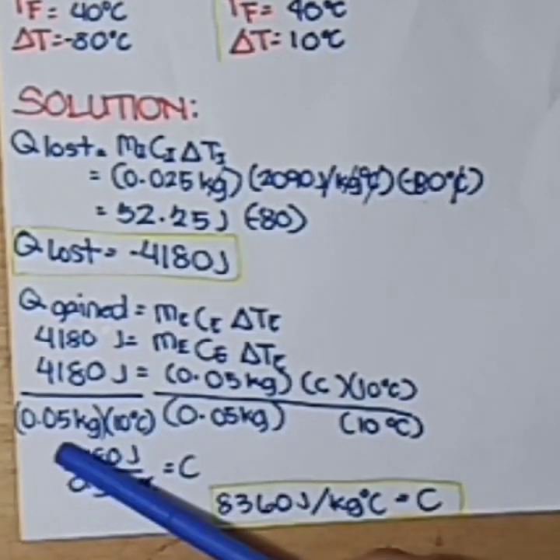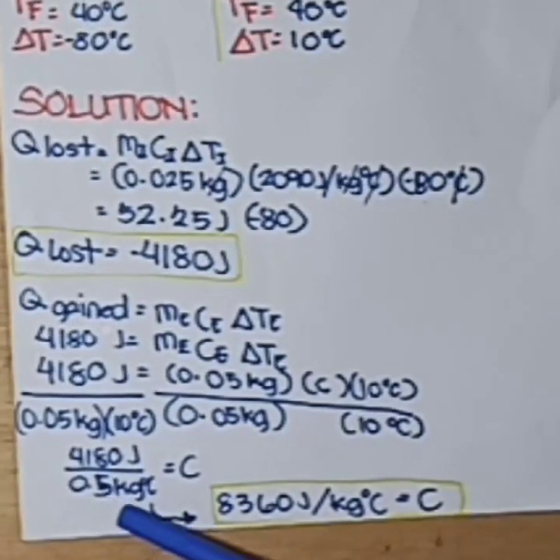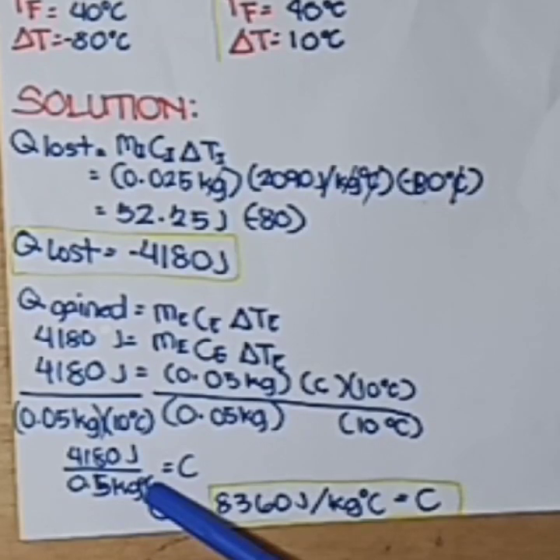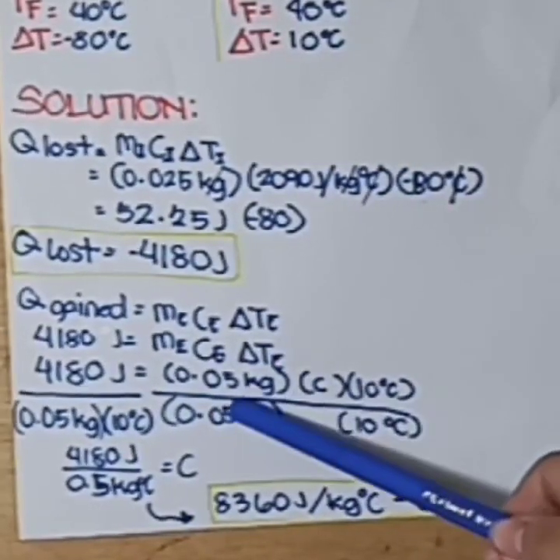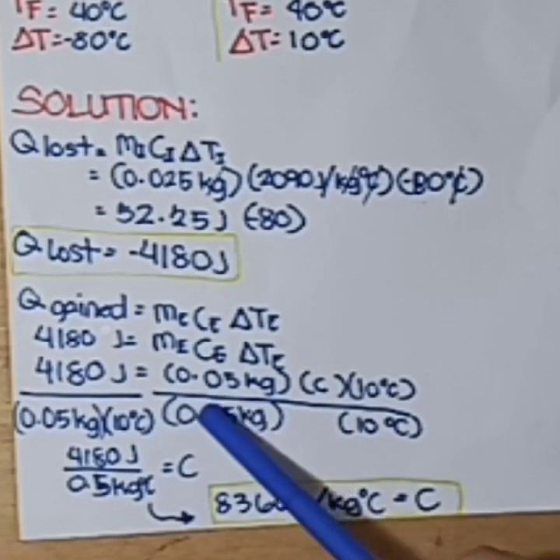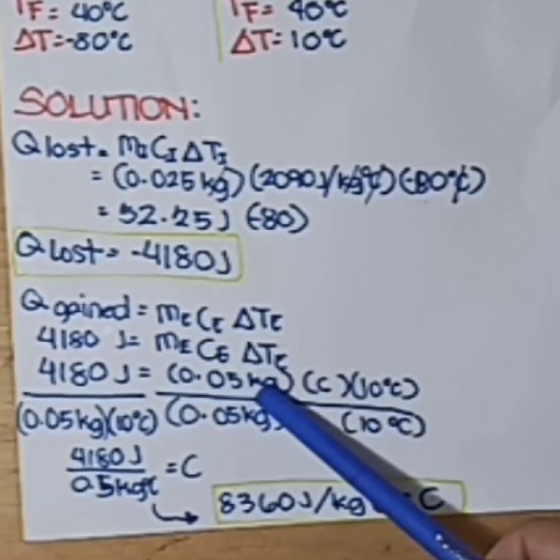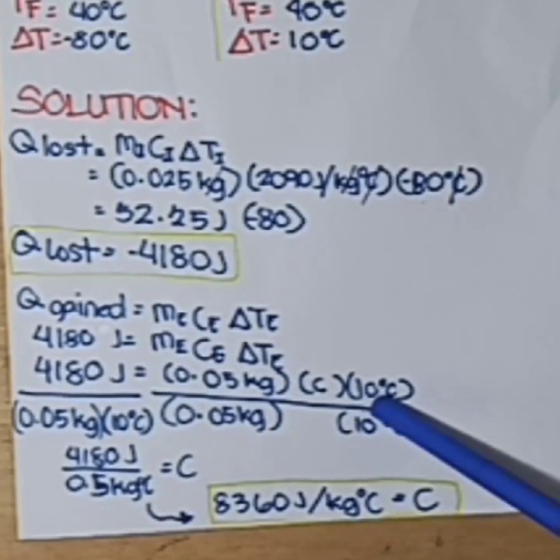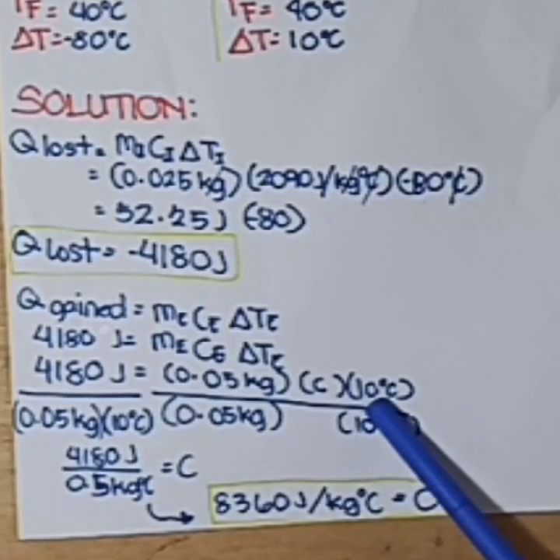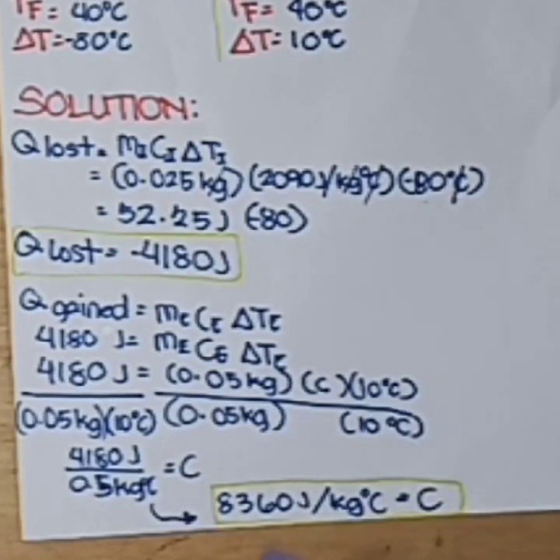Then, as we have multiplied it, we will have 0.5 kilogram degrees Celsius, and we just copied here the 4,180 joules. Then next is here the 0.05 kilograms of the mass times the specific heat times the change of temperature.